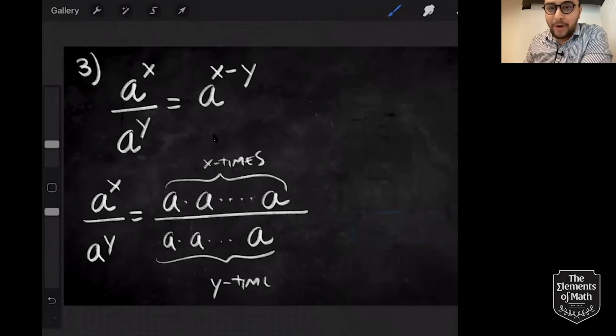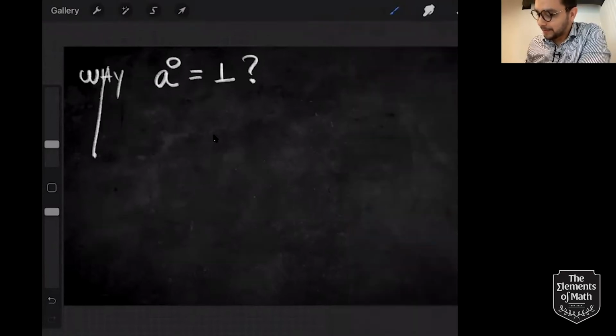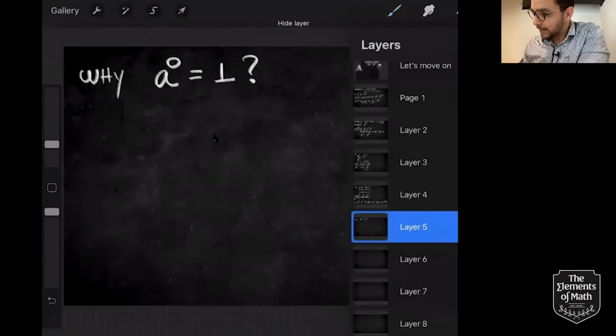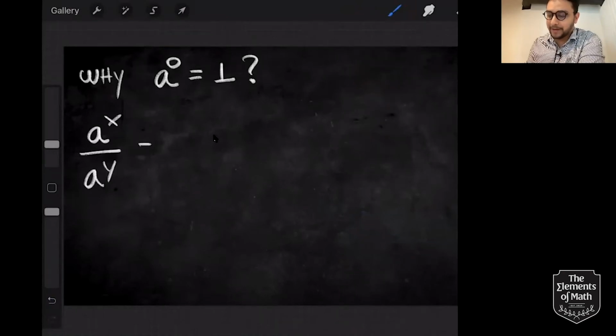So let's think about what happens if x is equal to y in property 3. What would happen if I have x equals y using property 3? I have a to the power x over a to the power y, which actually equals a to the power x minus y.